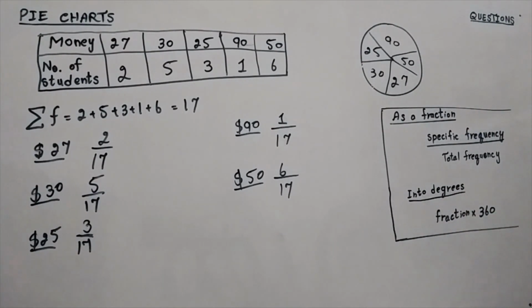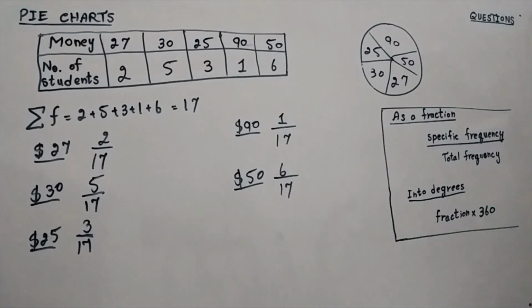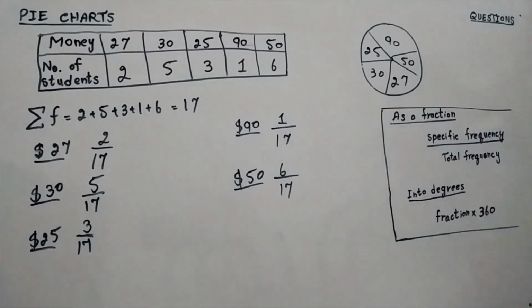We will find the degrees of each fraction, and to find degrees we will multiply the fraction by 360, because in a complete circle we have 360 degrees.